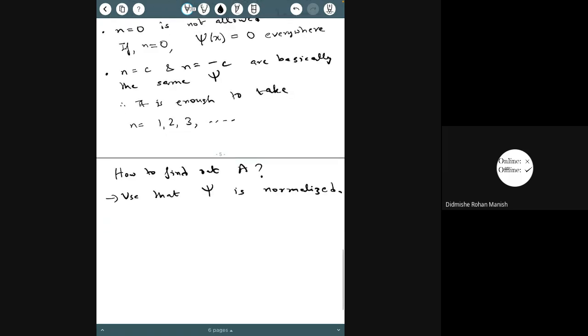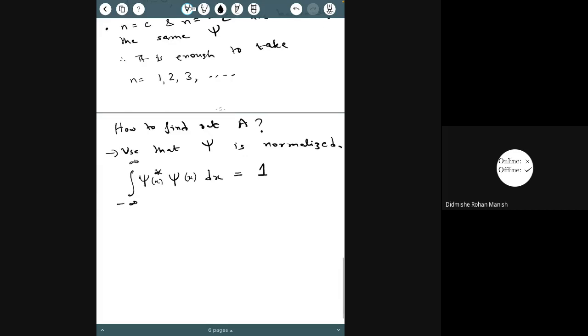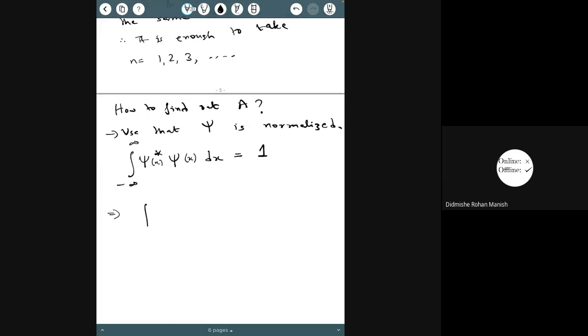And then we apply the normalization condition, which is integration from minus infinity to plus infinity of psi star psi is equal to 1. Now in our case, the problem is such that this integration will reduce to 0 to a.